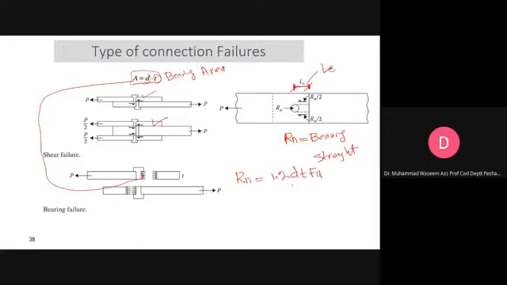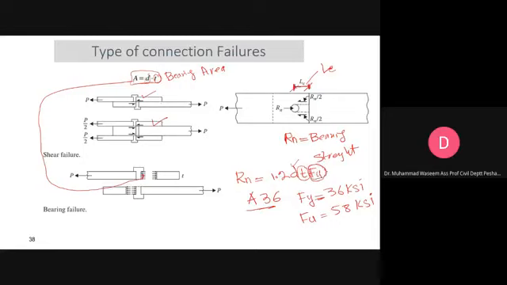d t Fu. You should know the diameter, the thickness of the plate, and the ultimate strength of the material. For example, if we are using A36 steel, what is the Fy value for this type of steel? 36 ksi. What is the Fu? Sir, 50 to 80. No, 58 ksi. Sorry, 58. So you should know the steel material, the diameter, the thickness, and the ultimate strength of the material.